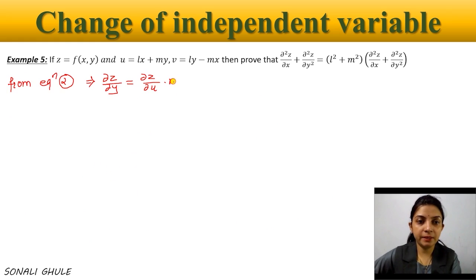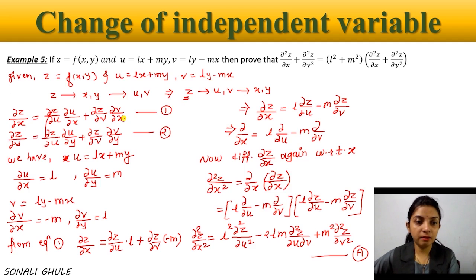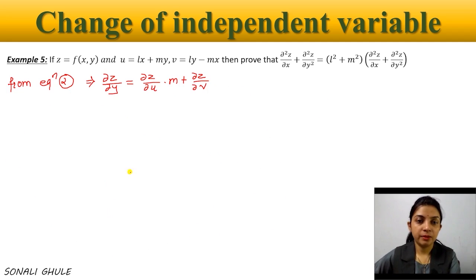So I can write here it is m plus z with respect to v and v with respect to y. What is the value for v with respect to y? It is L. So I can write here L only. Okay.